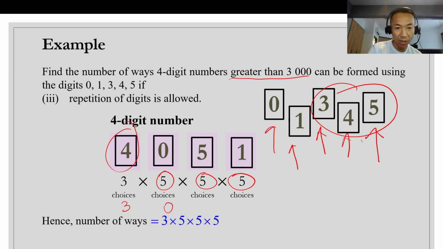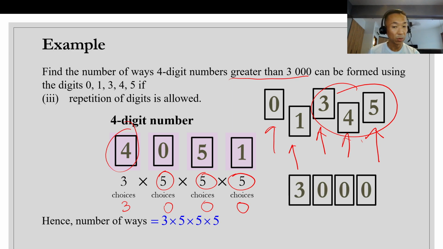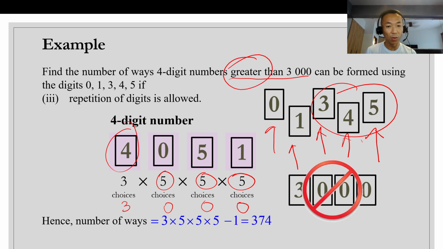You could have chosen 0 for the second digit, 0 for the third digit, 0 for the fourth digit. You will realize that you would have formed the number 3000. But you don't want 3000 because you want it to be greater than 3000. You must minus away that one case. Therefore, the final answer is 374. That's that. Thank you.